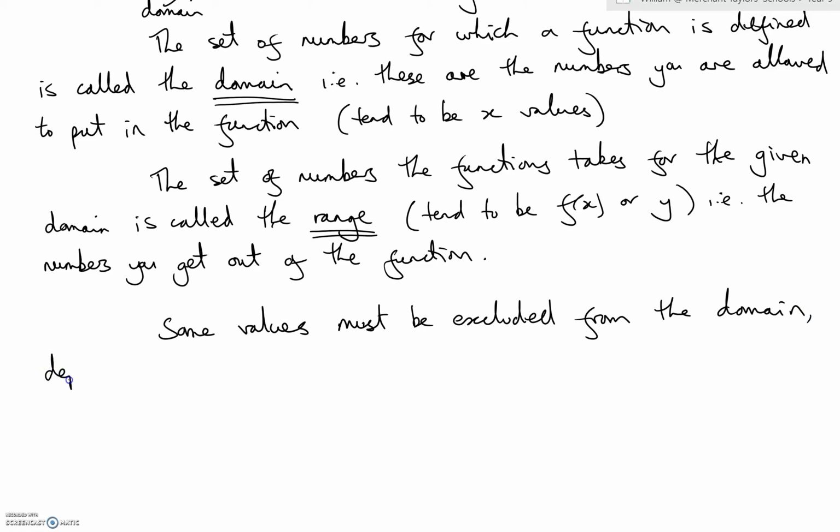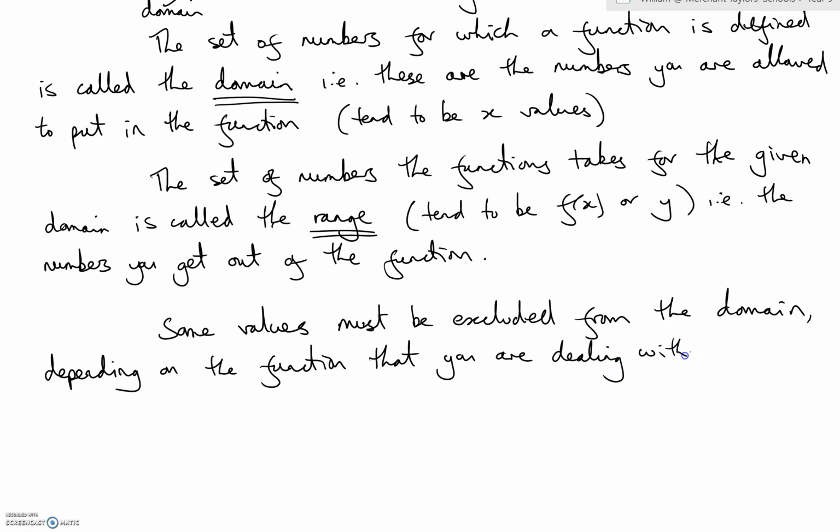So some values must be excluded from the domain depending on the function that you are dealing with. Sorry, there's a bit of writing, but that's the way it goes because we're at home. You might have paused the video and have a think about what might not be allowed in and carry on, but I'll give you these things.